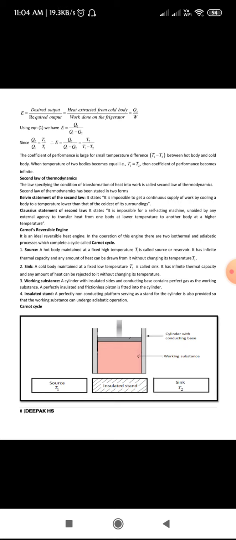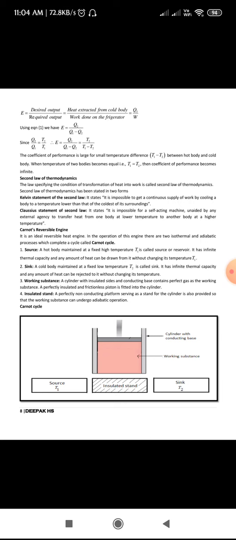Next, coming to the working, initially let P1, V1, T1 be the pressure, volume and temperature of an ideal gas enclosed inside a cylinder. Once you place the cylinder on the source, the gas is allowed to expand.